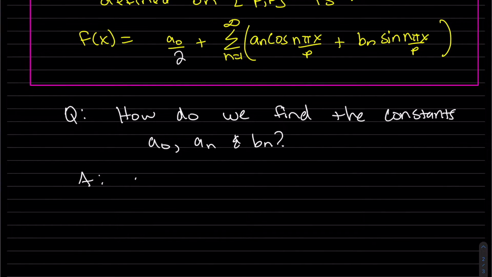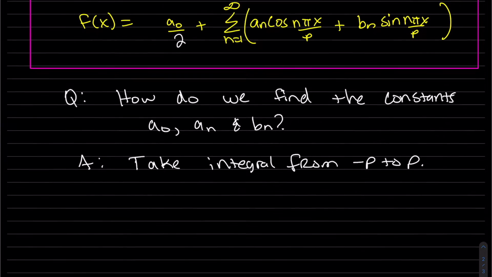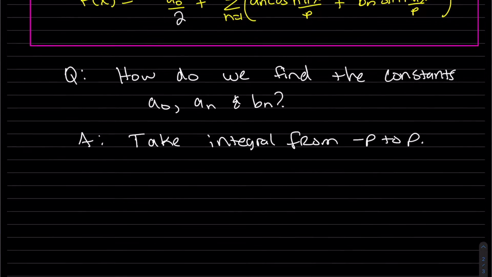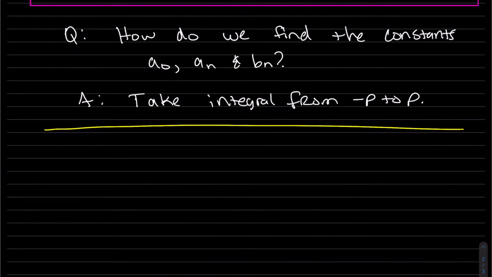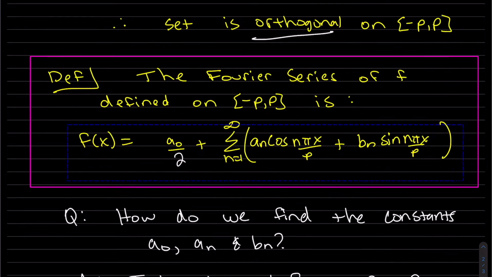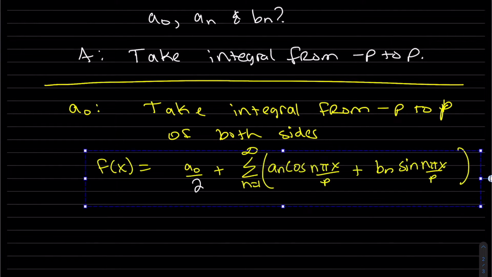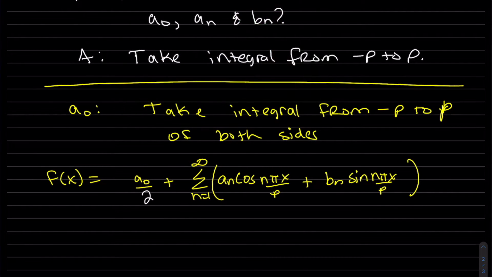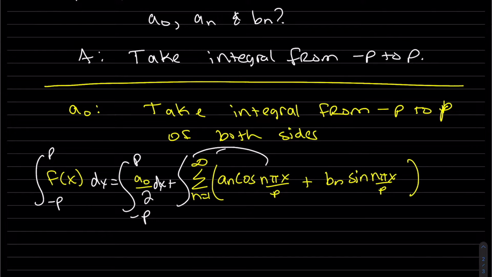We're going to take the integral, and we'll do this a couple of times. First, just integrate both sides from minus p to p, and then we'll also multiply both sides by sine of x and cosine of x and integrate. So for a naught, we just take the integral of both sides. I'm integrating from minus p to p dx, and this will get distributed.